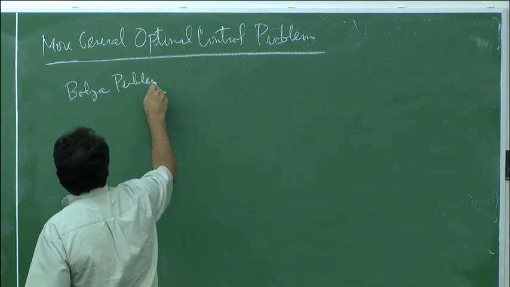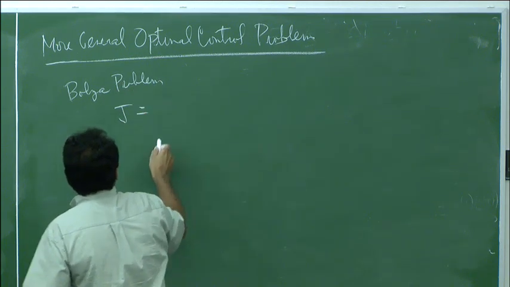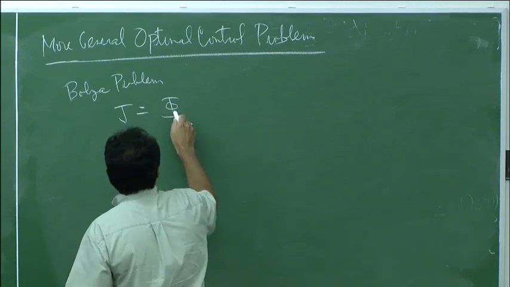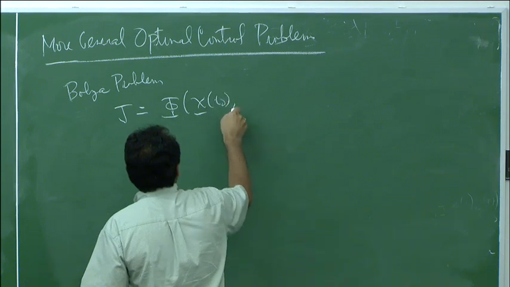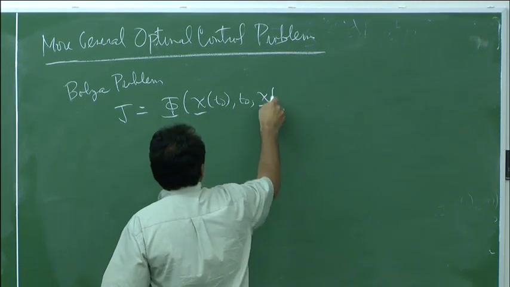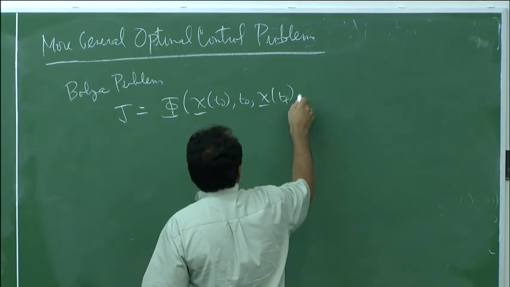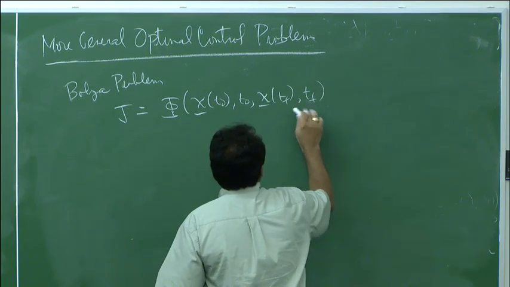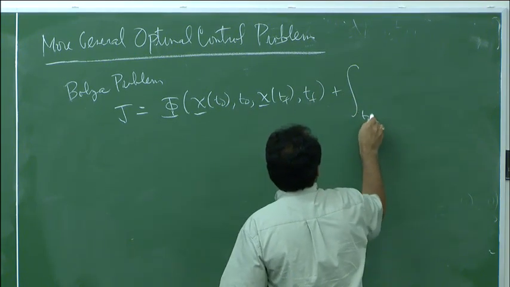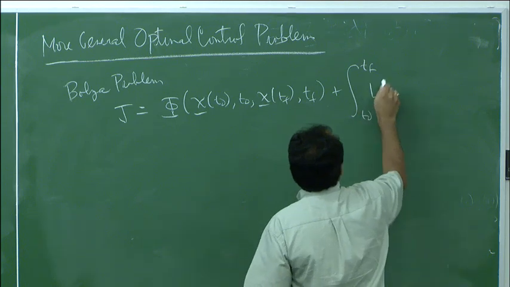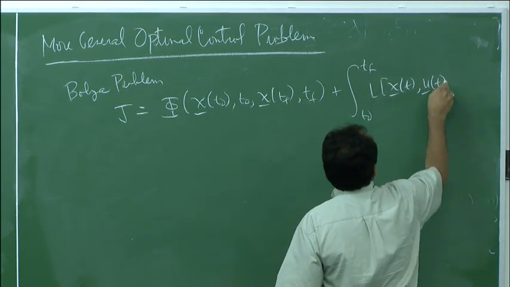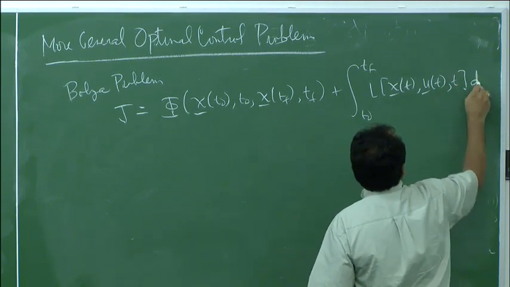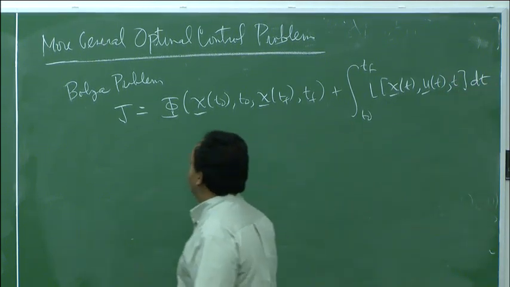what we had was the cost functional was phi, which was a function of x of t0, x of tf and tf, plus the integral from t0 to tf of L of x of t, u of t, and t dt. So that's what we were trying to minimize.